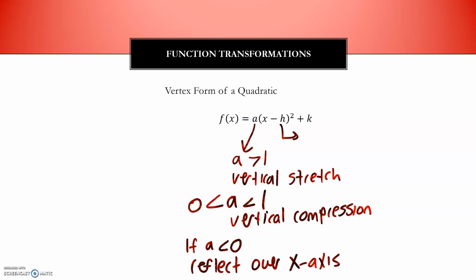Our h, we said, is going to be left-right, and our k is going to be up-down. Why don't we use v for vertical? Just because v can mean other things in math, so we take k instead, because k doesn't have any other meanings. Okay?